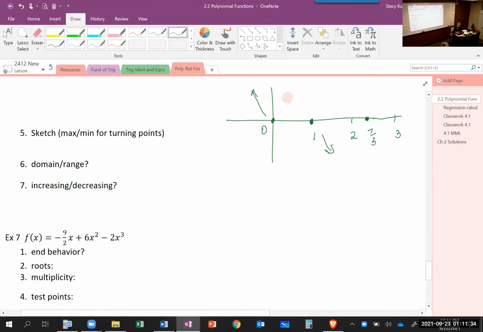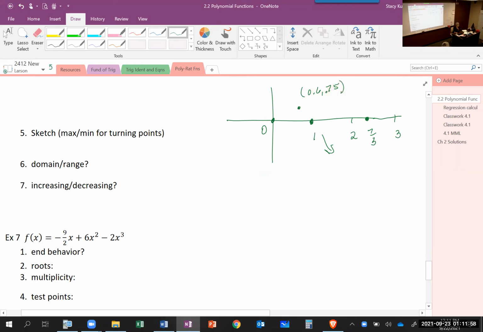So when I want to sketch this, I'm going to put here, what did we say that max was occurring at? 0.6 and 0.75? Yeah? Okay. So I'm going to label that as 0.6, 0.75 on my graph.